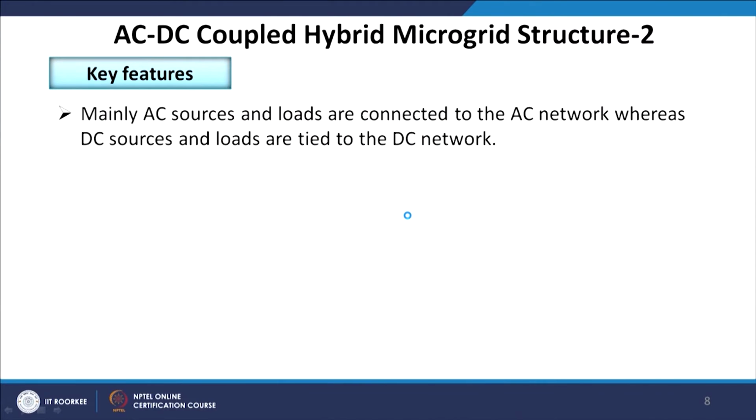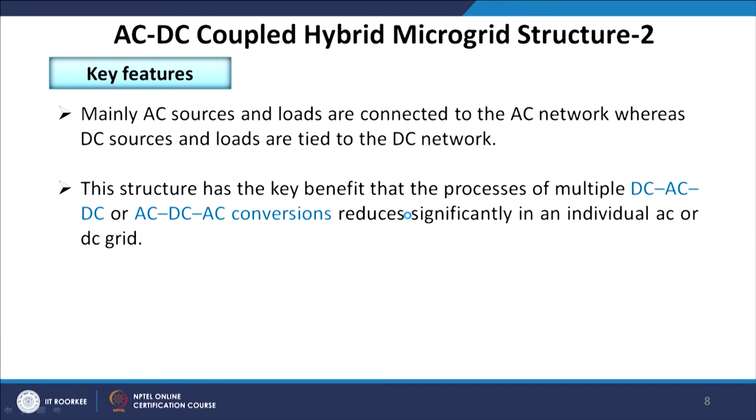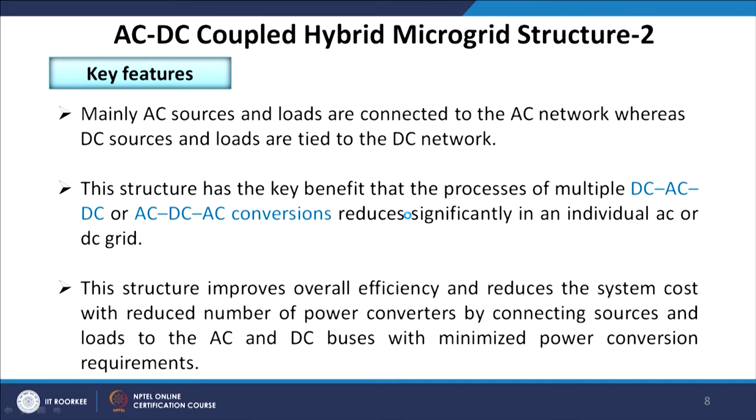Now, in case of structure 2, there are a few merits that let us discuss. Mainly AC sources and loads are connected to the AC network, whereas DC sources and loads are tied up with the DC network. This structure has the key benefit that the process of multiple DC-AC-DC and AC-DC-AC conversions will certainly be reduced significantly because of an individual AC and DC grid.